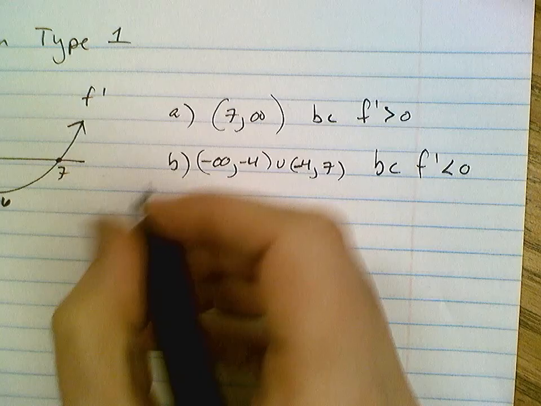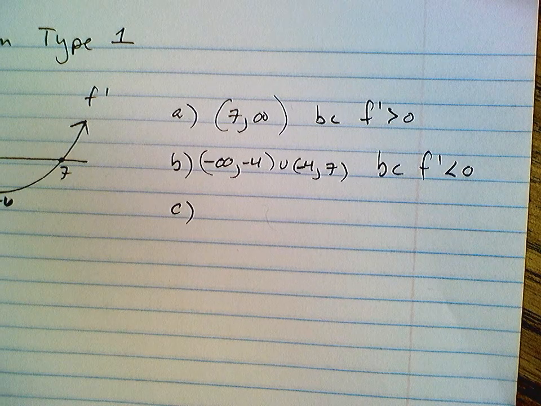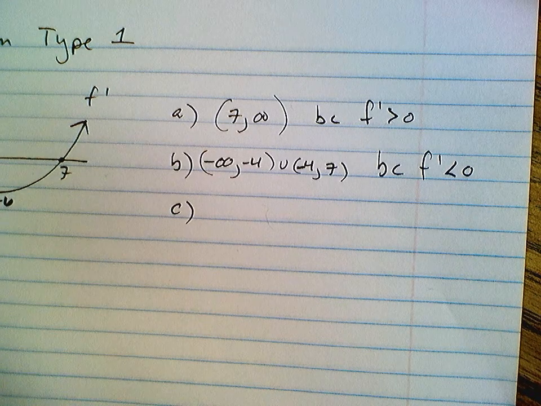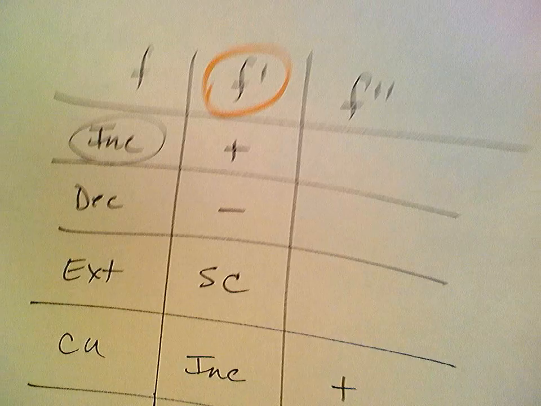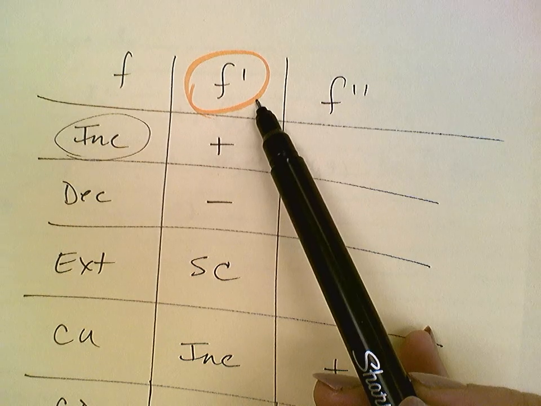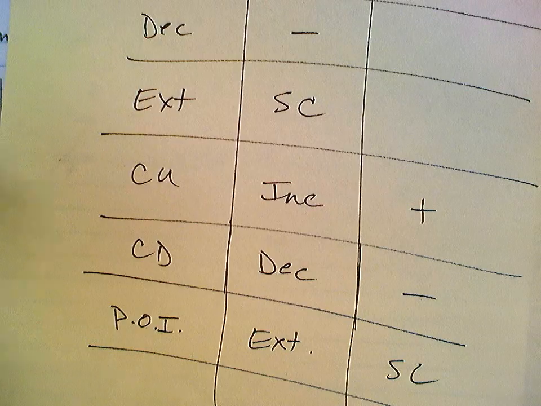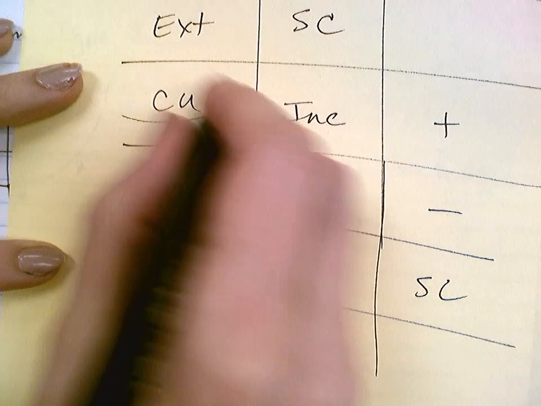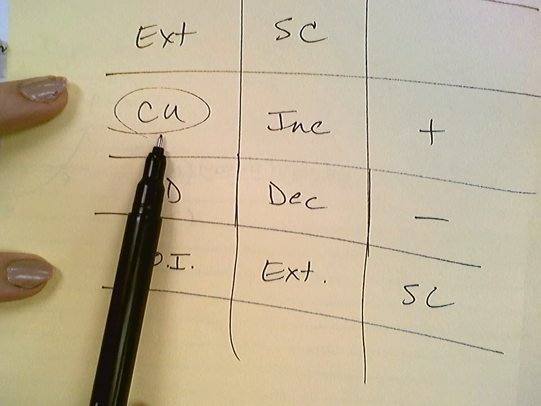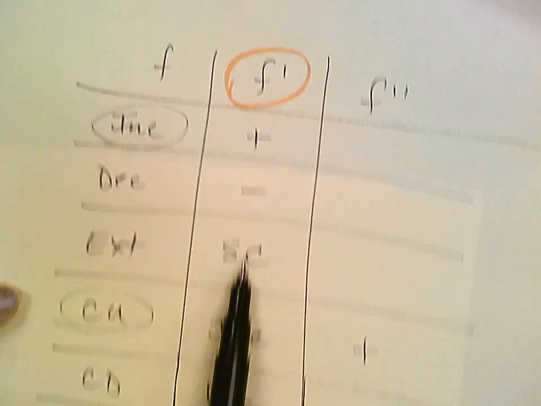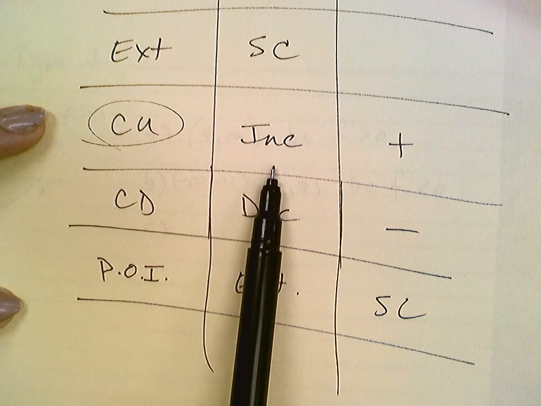Okay, and then C. Concave up. Again we're looking at the f prime graph. So we have to look for f concave up, and f is concave up when f prime is increasing.